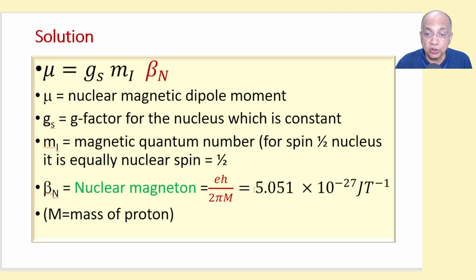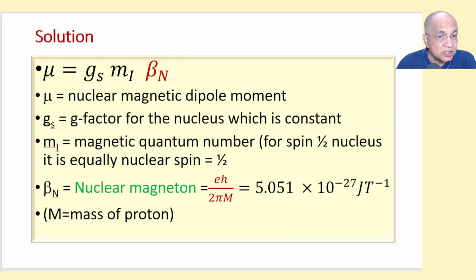On calculation, that gives you a value called beta-n, the nuclear magneton, which is the unit of magnetic moment, joules per Tesla. This is 1 nuclear magneton, this much joules per Tesla. So this many nuclear magnetons means you have to multiply by beta-n. Fortunately, the value is given directly, so you can apply it. I'm just explaining what beta-n is.